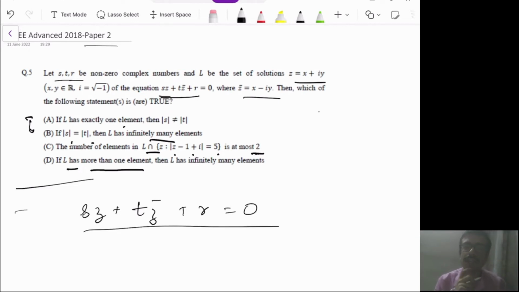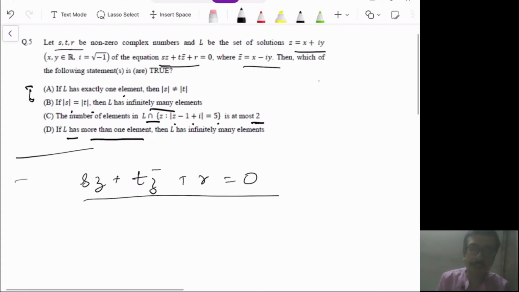Note that this is not exactly one equation but 2. Why? Because s, t and z are all complex numbers, so we'll get one equation for the real part and one for the imaginary part. In order to solve this, we can either separate it into real and imaginary parts, or I can also take the complex conjugate of the above equation. So let me take the complex conjugate.